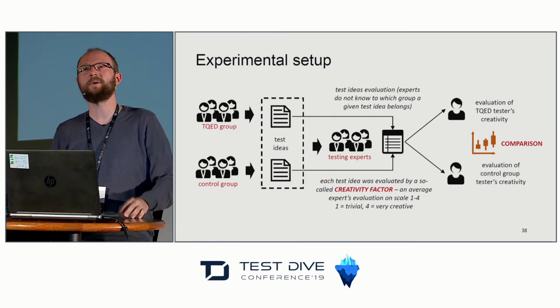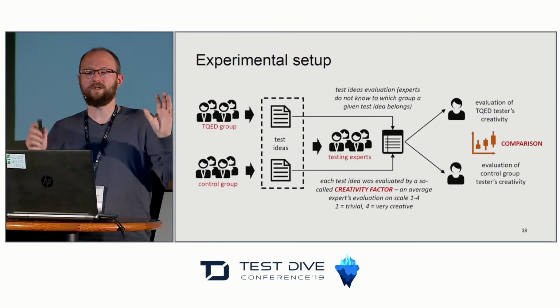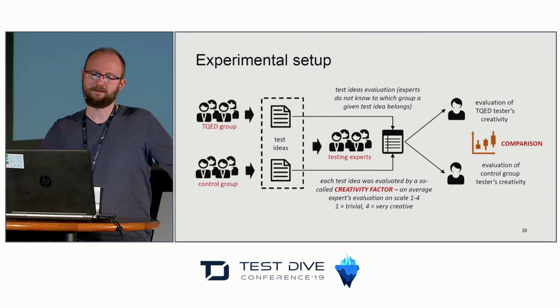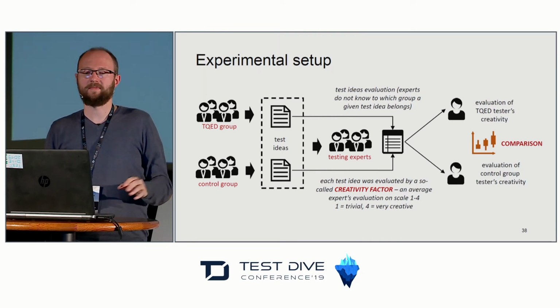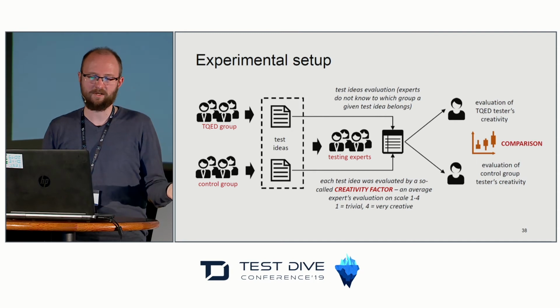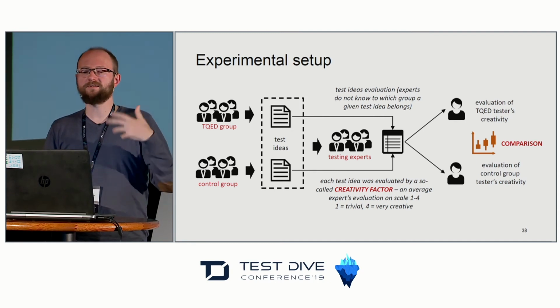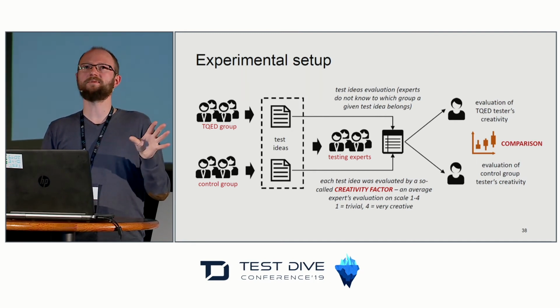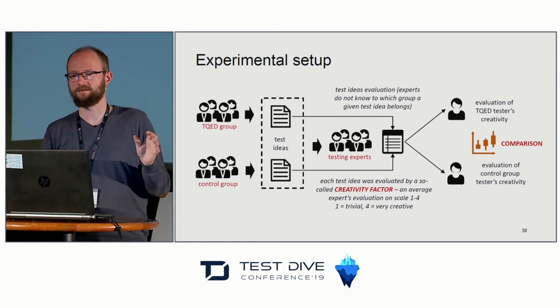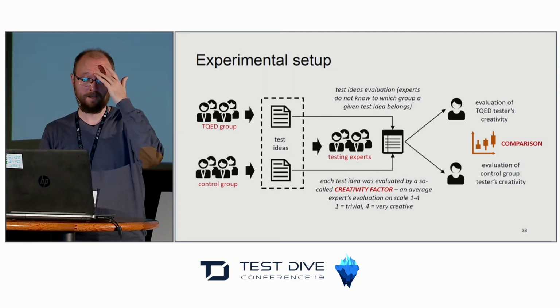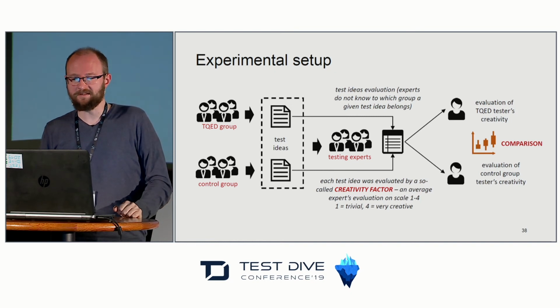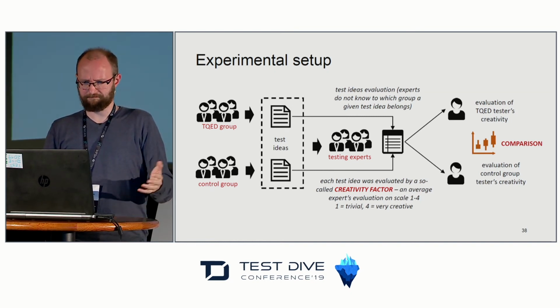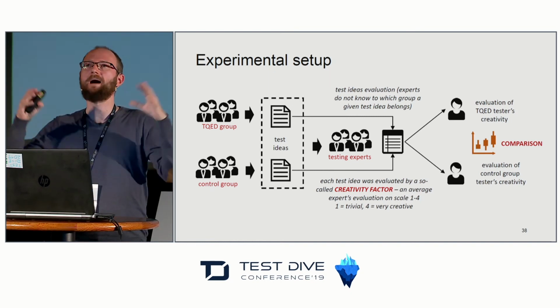So the experimental setup was this. We split the students into two more or less equal groups. One of them used this technique, another one did not. They were generating test ideas for two simple test problems. I will tell about them later. And there was a group of experts which received this combined list of test ideas.